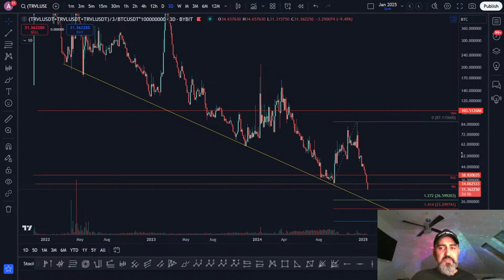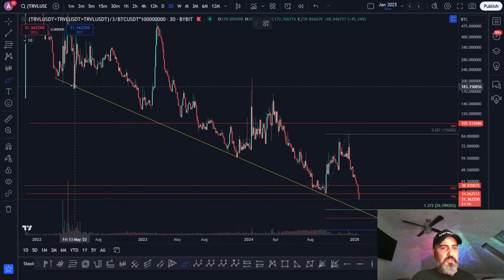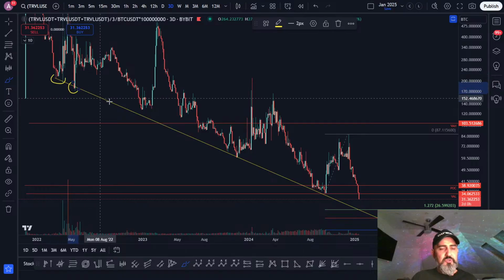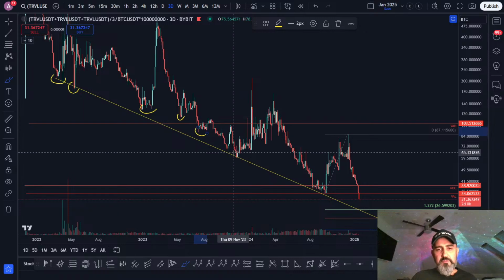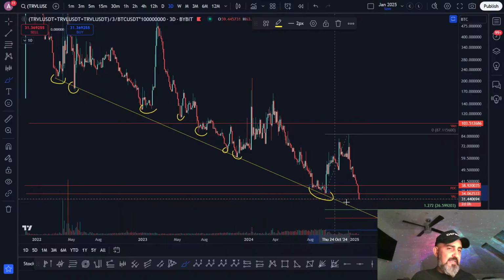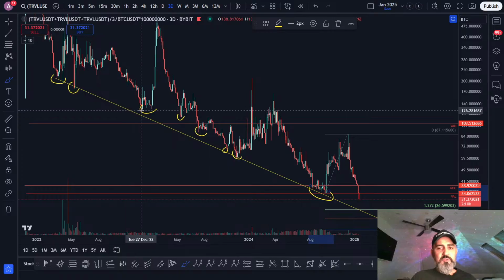This isn't good. Huh? It's not good that in the lifetime of this token, you've basically put in 1, 2, 3, how many? 4, 5, 6, 7, maybe 8, 9 all-time lows, just non-stop all-time lows against Bitcoin.